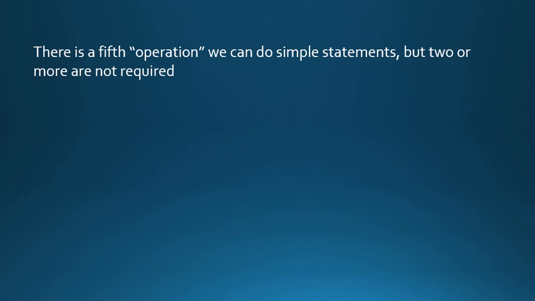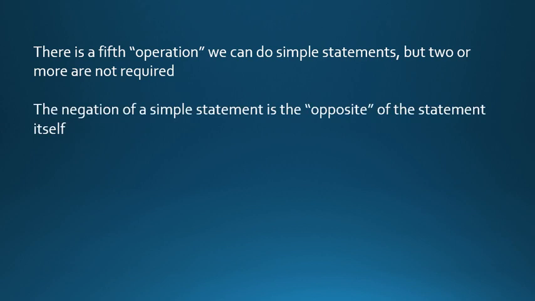There is a fifth operation, not so much a logical connector, but an operation more that we can do with simple and with compound statements. Again, two or more are not required. We can do this with any number of statements here. And it is the negation. The negation of a simple or compound statement is simply going to give us the opposite of what the statement itself was.